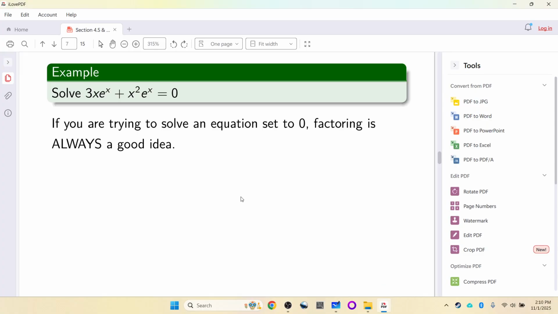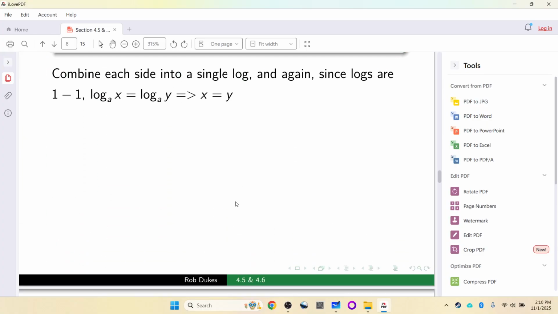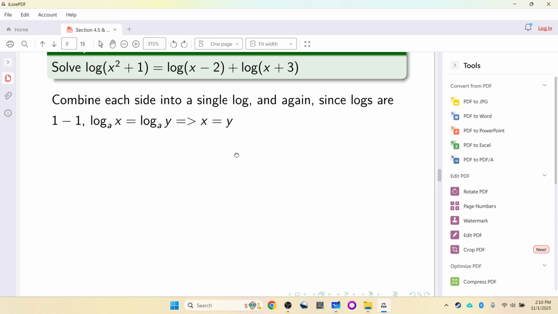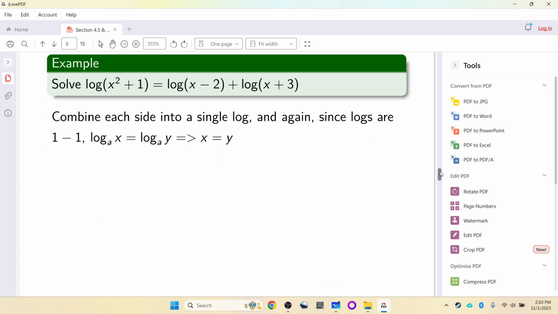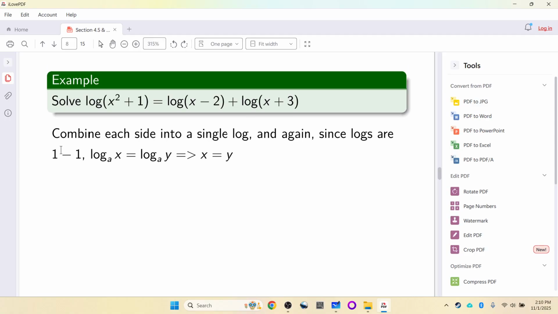Alright, so we've been doing exponential functions using logs to undo them. We can do the opposite. Just like with exponentials, since logs are one-to-one, if we can write it as one log equals another log, and they have the same base, then we can just say the things inside are the same as well. So let's show how that works.